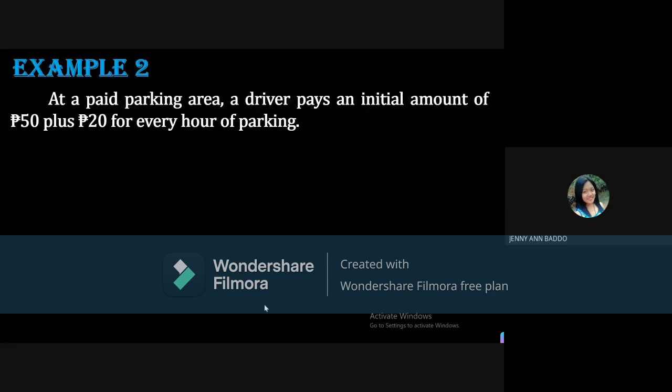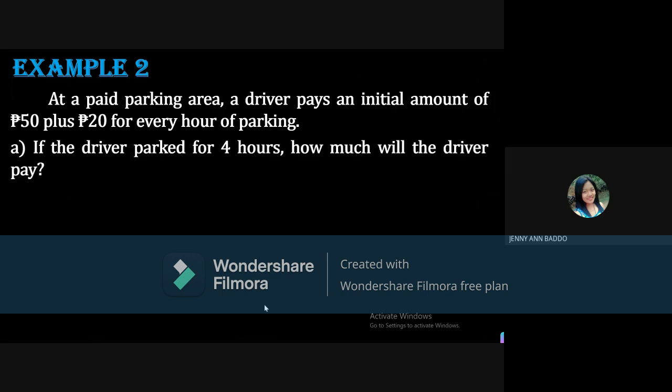Moving on to the first question, if the driver parked for 4 hours, how much will the driver pay? Take note, from the given, we have 4 hours and the number of hours of parking is represented by the variable x. So we have x equals 4. Using our linear function, we have y equals 20x plus 50.